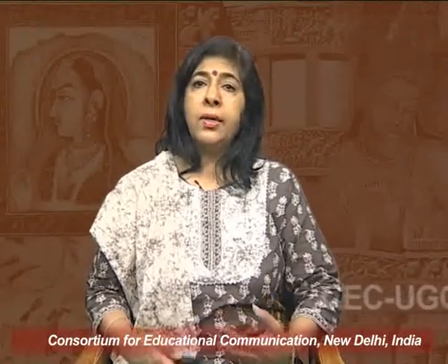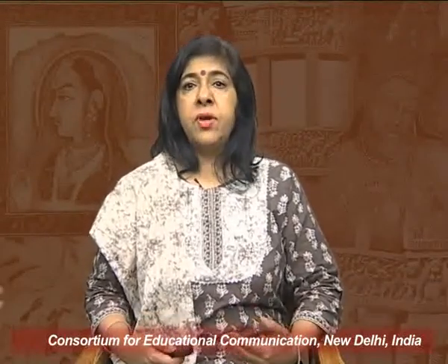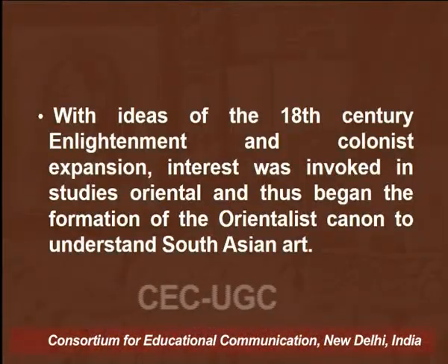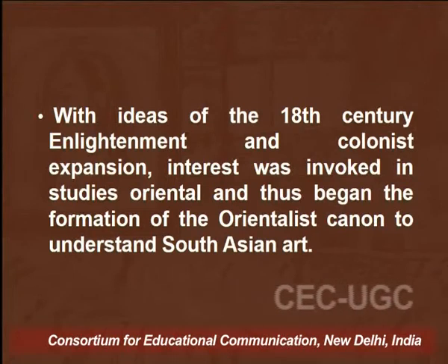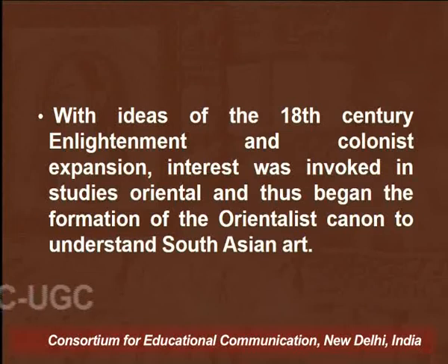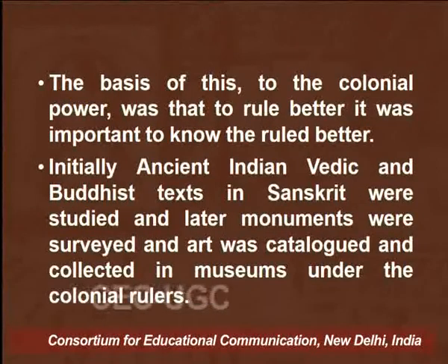So with ideas of the 18th century Enlightenment and colonialist expansion, interest was invoked in studies related to the Orient, and thus began the formation of the Orientalist canon to understand South Asian art.